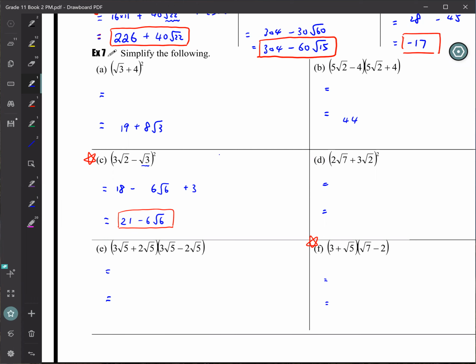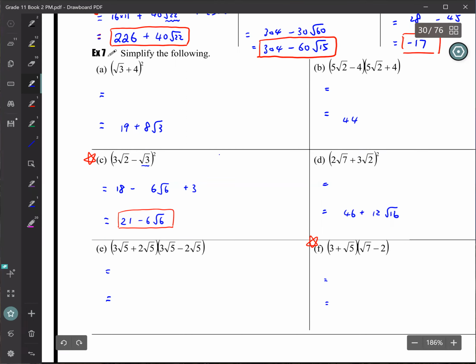Yeah. Okay. And answer for D? Selena, are you done with D? I got 46 plus 12 square root 16.